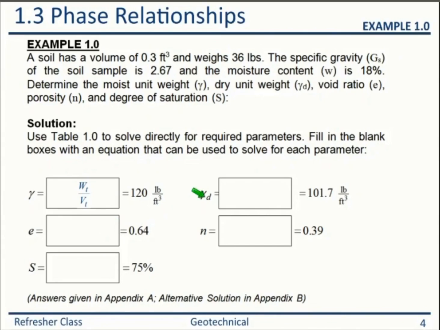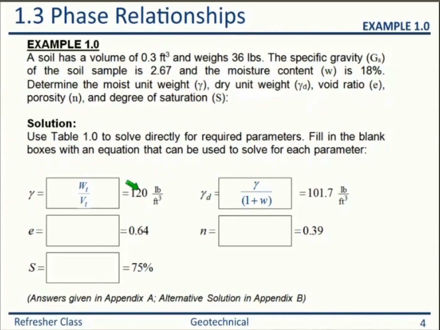Next is your gamma D. Again, if you go to table number 1, the relation of gamma D versus total unit weight or moist unit weight is this. Whatever moist unit weight you have divided by, if you know the moisture content, then you can calculate gamma D by using this. In this case, we know the moisture content is 18%.